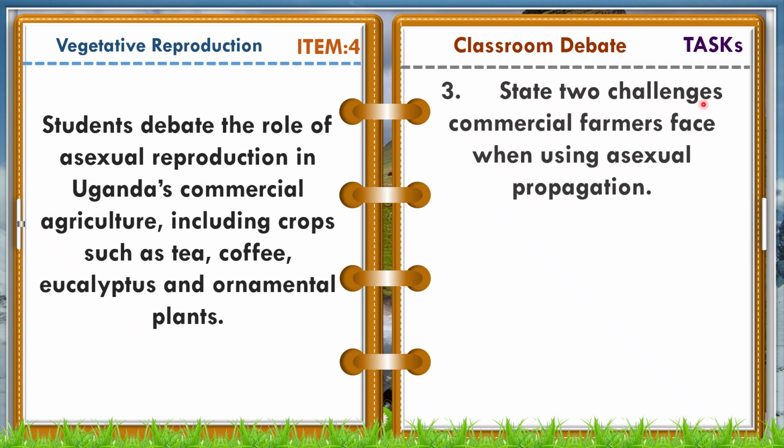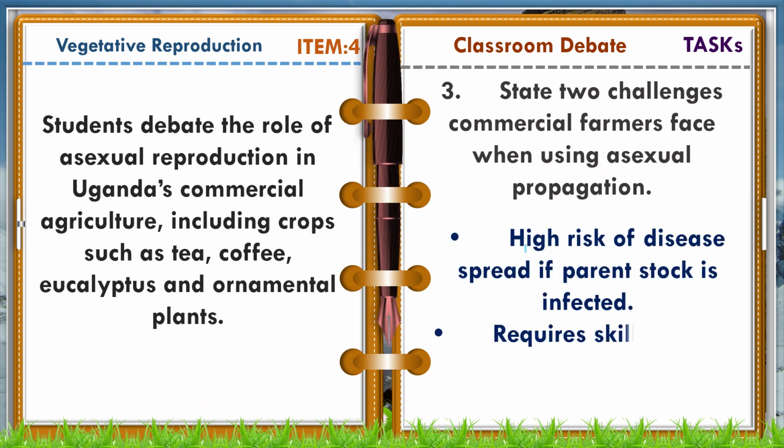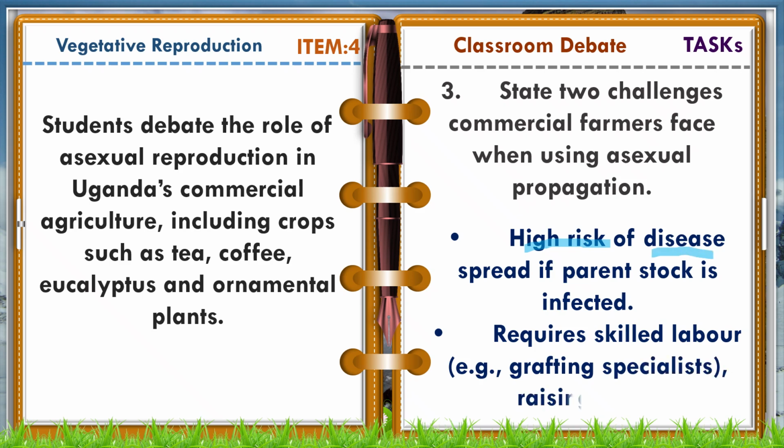State 2 challenges commercial farmers face when using asexual propagation. High risk of disease spread if the parent stock is infected.